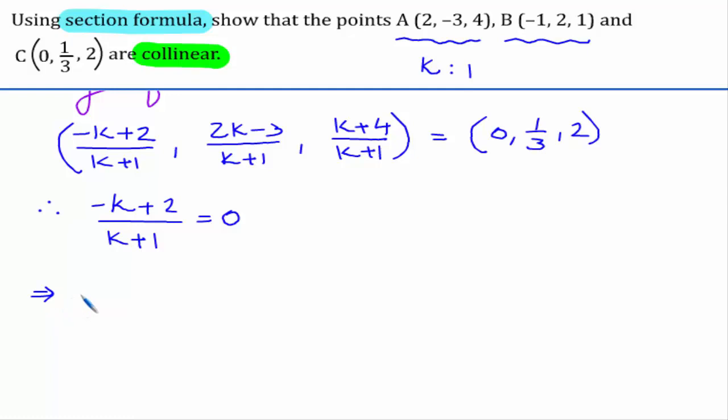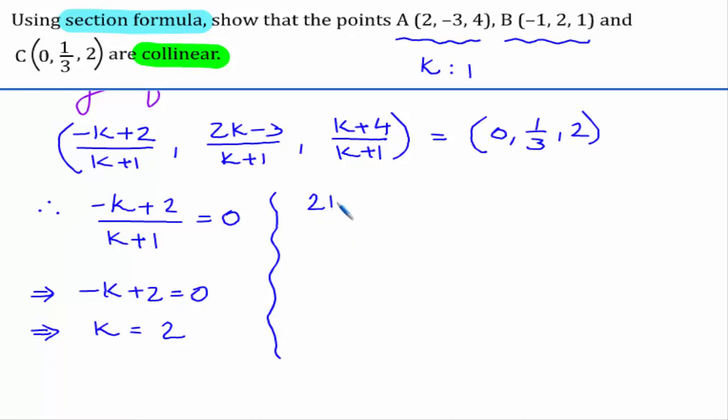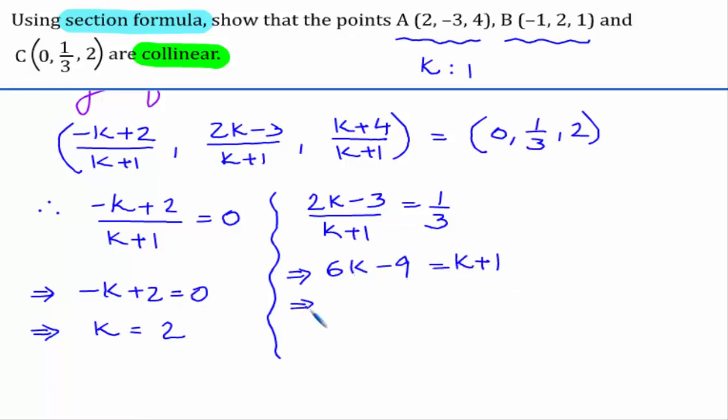Then here we get minus k plus 2 is equal to 0. This will give us k is equal to 2. Now similarly 2k minus 3 by k plus 1 is equal to 1 by 3. And if we cross multiply, we get 6k minus 9 is equal to k plus 1, and on further simplification we get 5k is equal to 10, k is equal to 2.